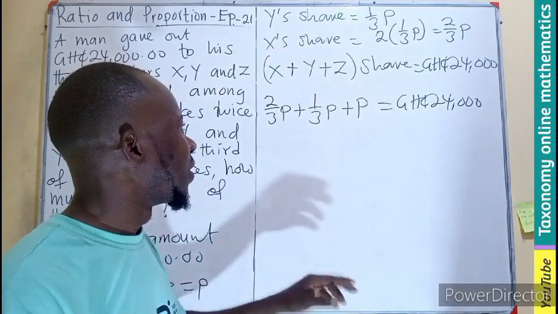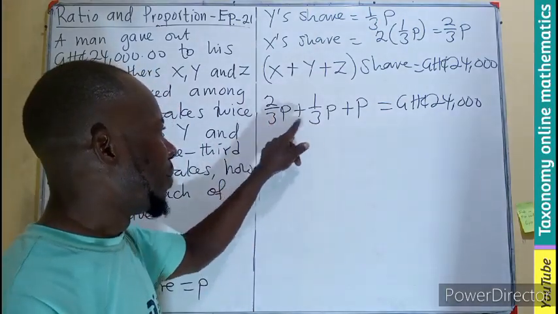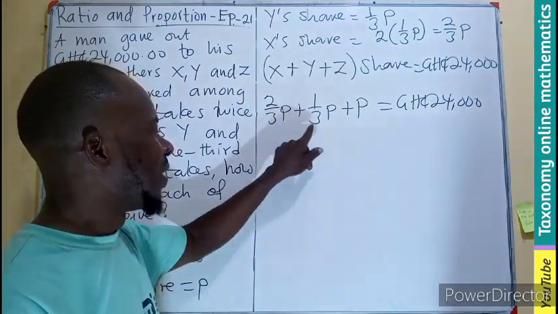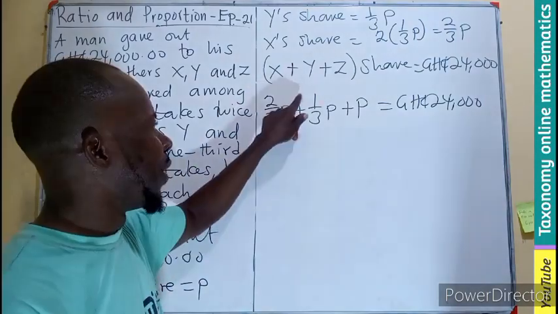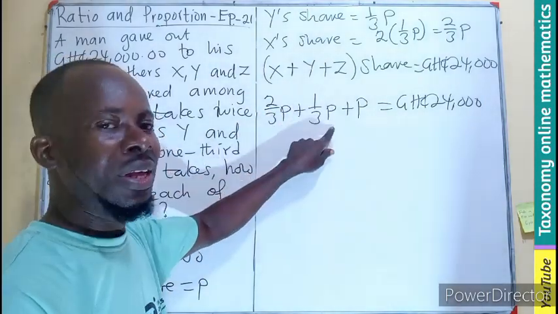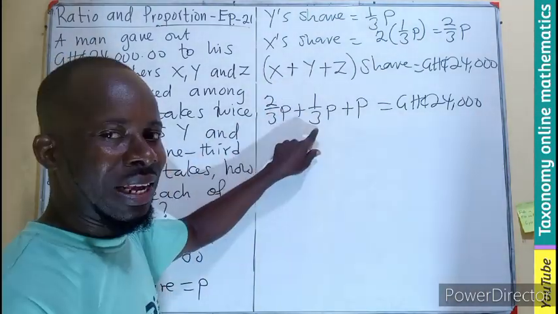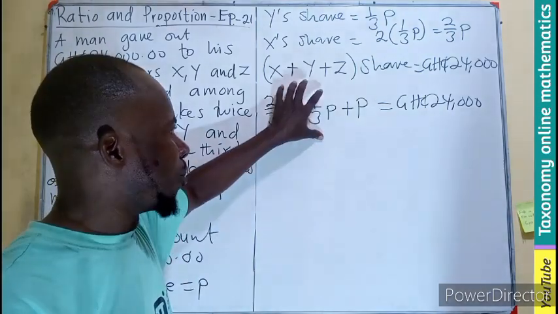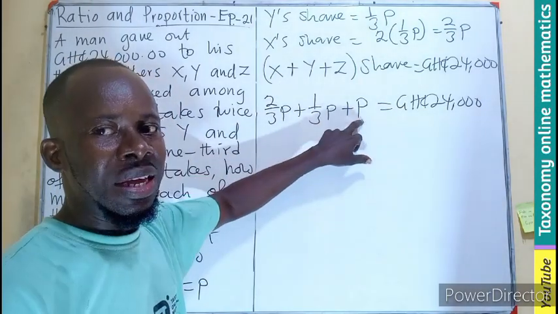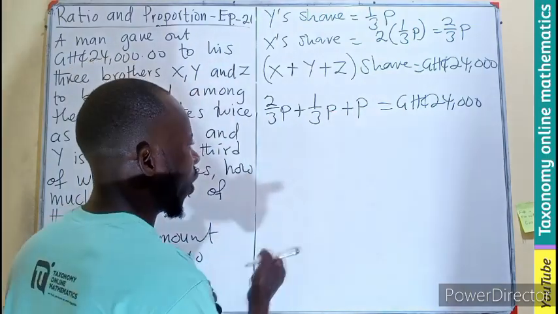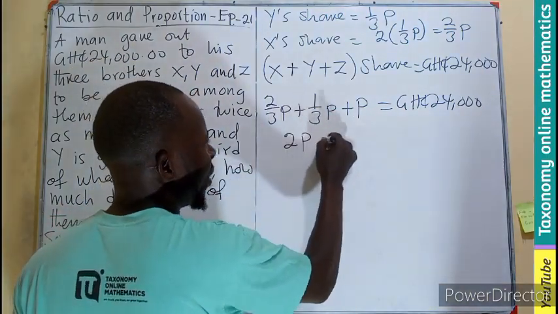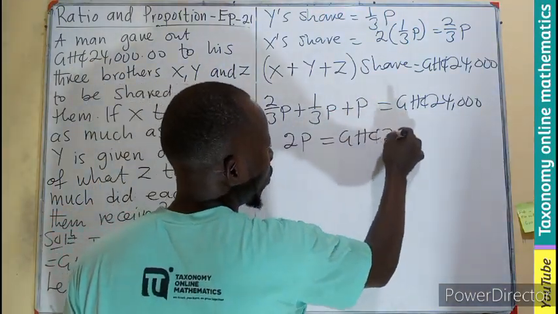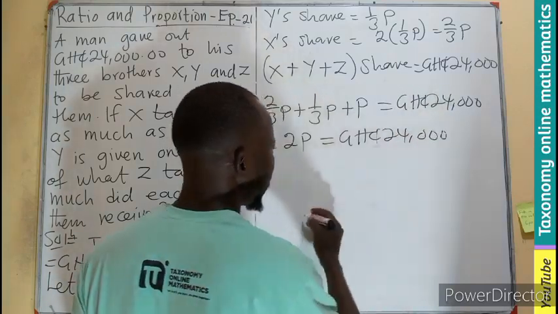Now let's find the arithmetic addition here, then equate it to that. Don't forget, they have the same denominator, so we add the numerators. We get 3P divided by 3, that will be 1P, plus 1P. That becomes 2P, so 2P equals 24,000.